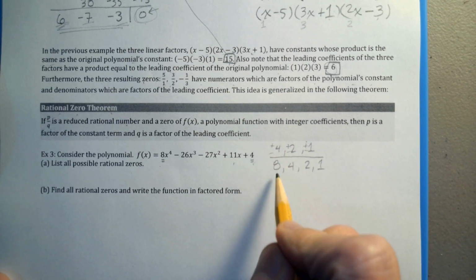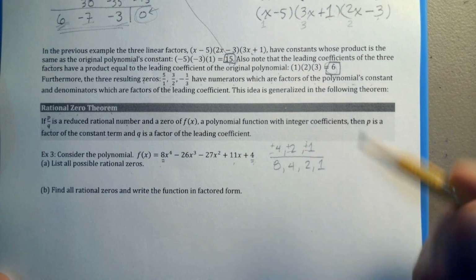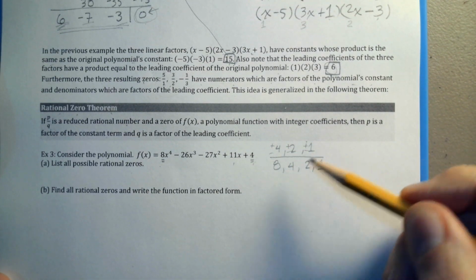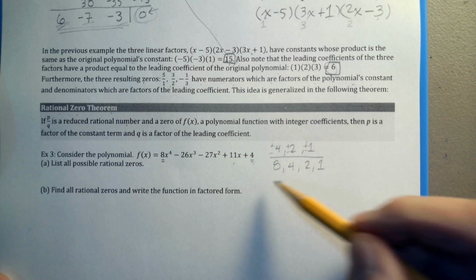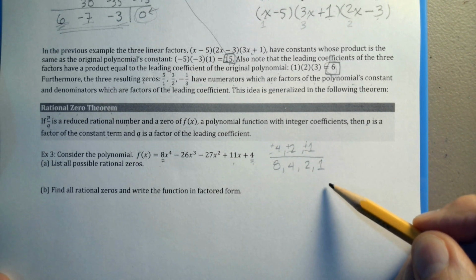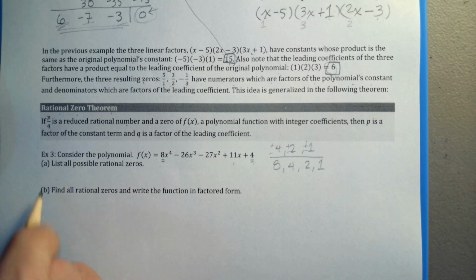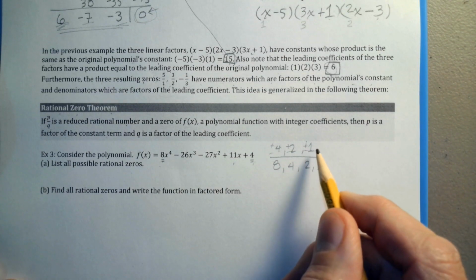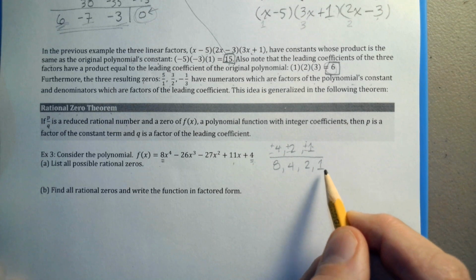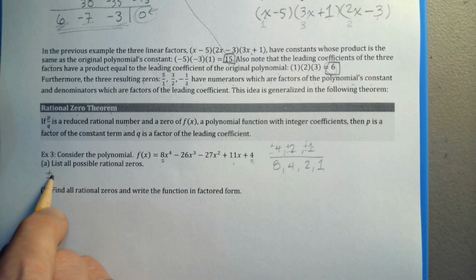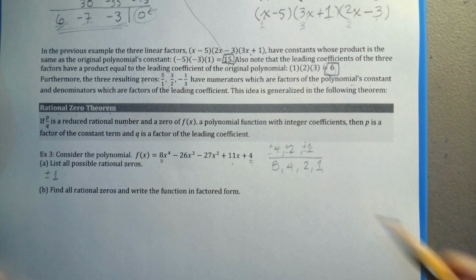Now I don't need plus or minus on top and bottom, but I'm going to take every number upstairs and one at a time put it over the numbers that are downstairs. Does that make sense? I'm going to do it in reverse order, I guess. So let's say 1 over 1. So plus or minus 1 is a possible zero.